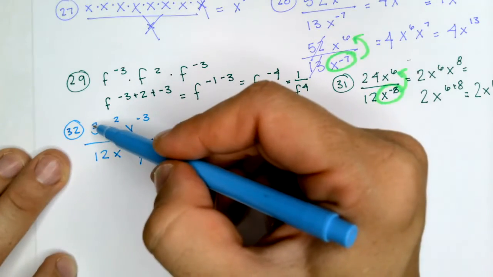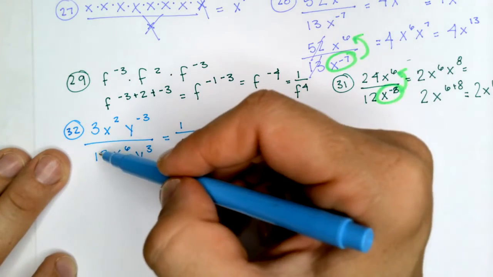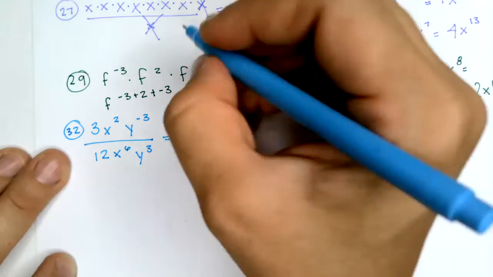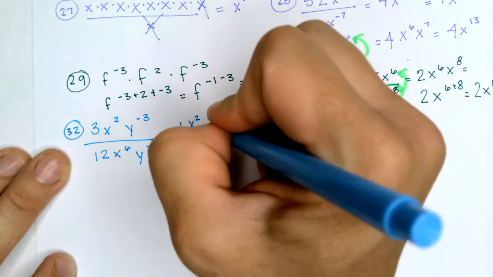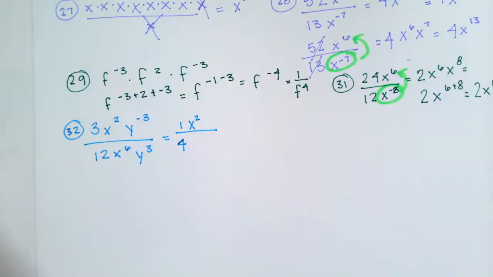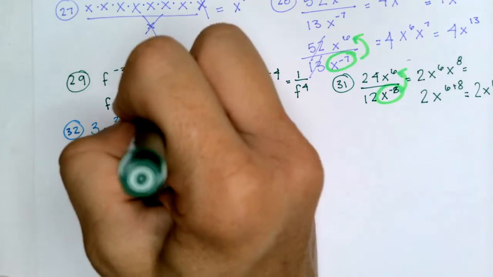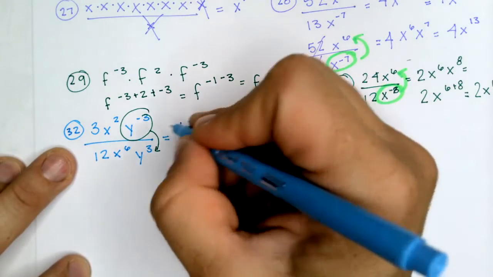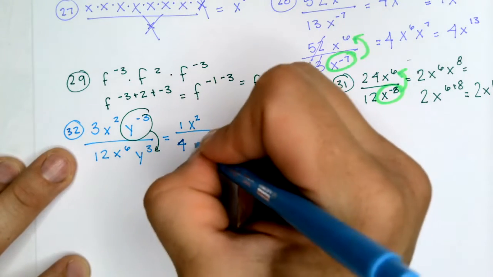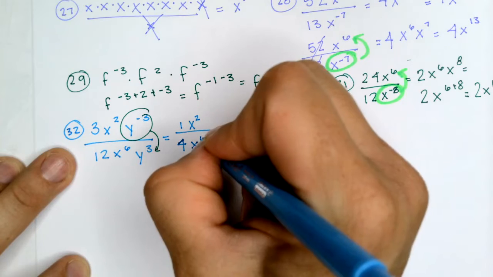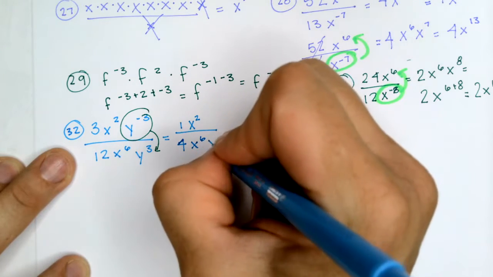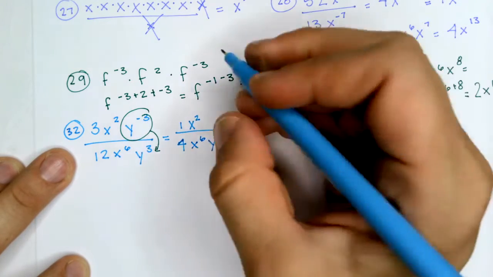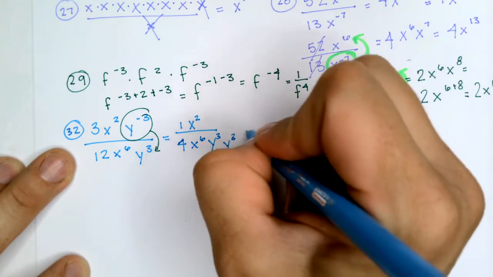Because if I take 3 and divide it by 3, it's 1. If I take 12 and divide it by 3, it's 4. x squared stays up here. This y, I need to move it. So I've moved that y. 12 becomes a 4. x is still a 6. y is 3. And then that y is also a 3.